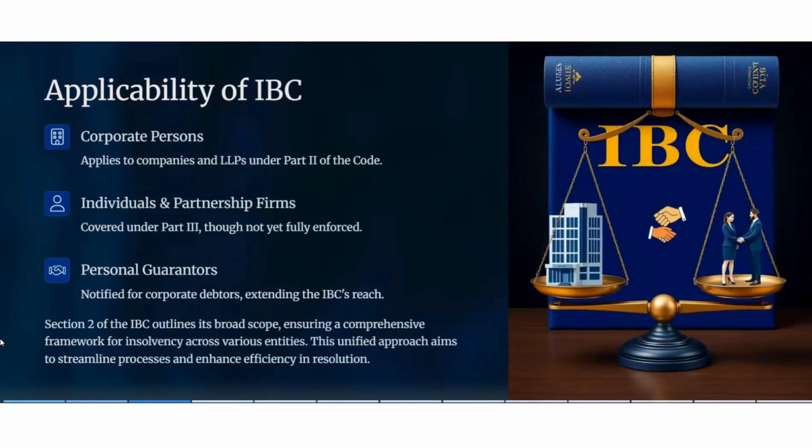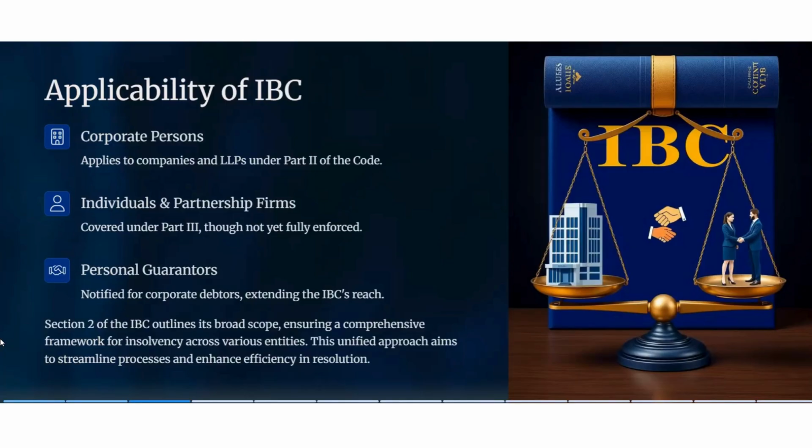The first and foremost question that comes to mind whenever we talk about any law is the applicability of the Insolvency and Bankruptcy Code. Corporate persons: it applies to companies and limited liability partnerships under Part 2 of this code. Individuals and partnership firms are covered under Part 3, not fully enforced.